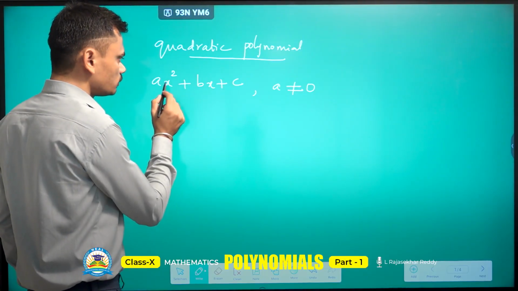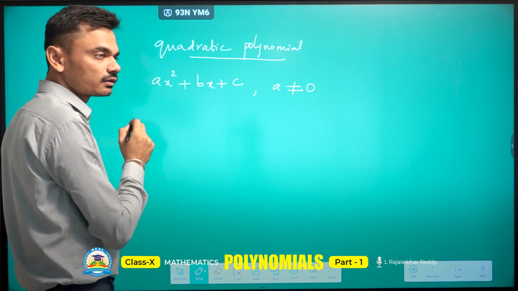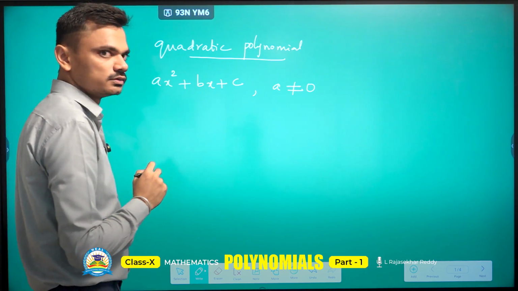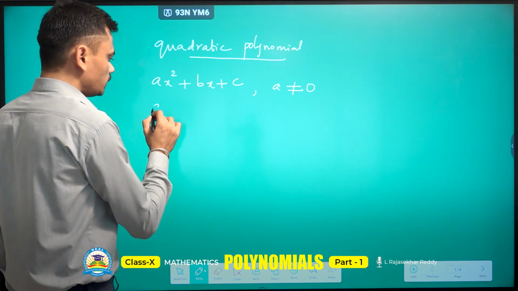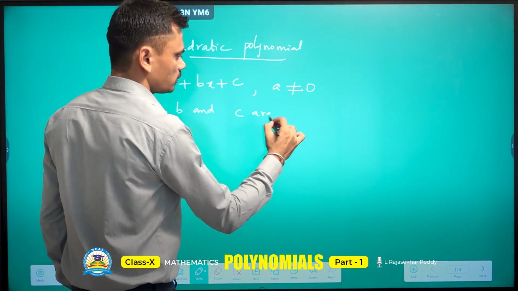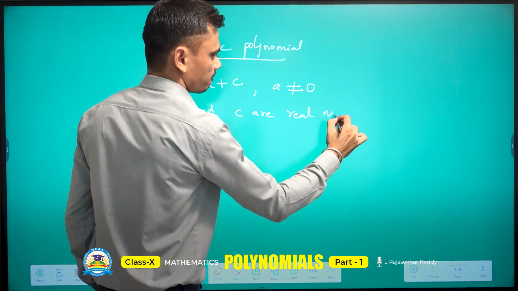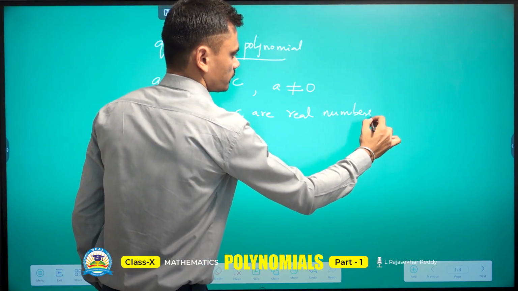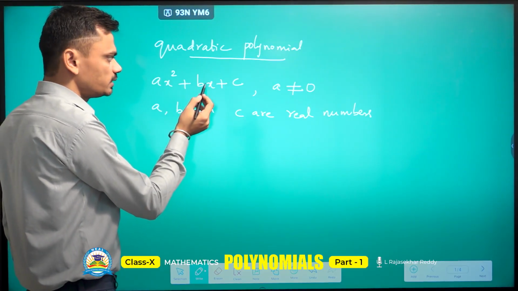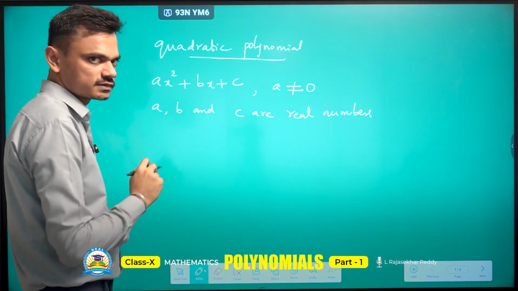If a is 0, then the x square term will not be there, so it becomes a linear polynomial. So a should not be 0. a, b and c are real numbers. Here the variable is x. a is the x square coefficient, b is the x coefficient, c is some constant.